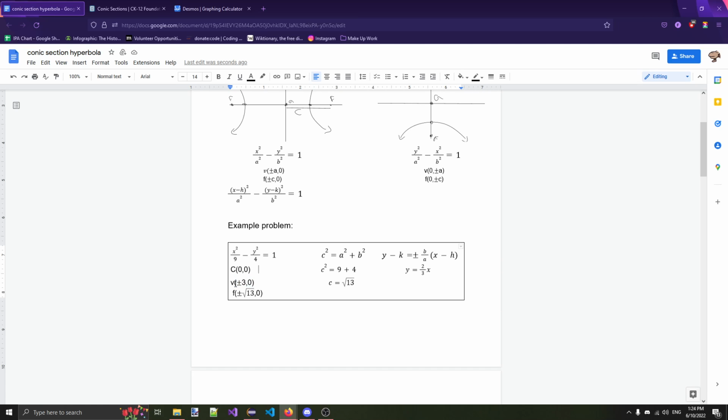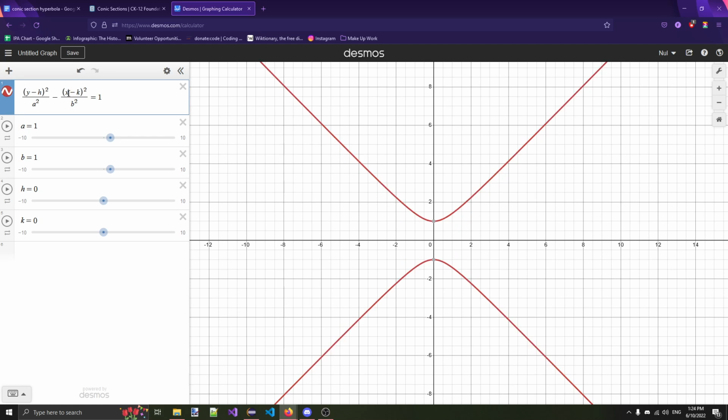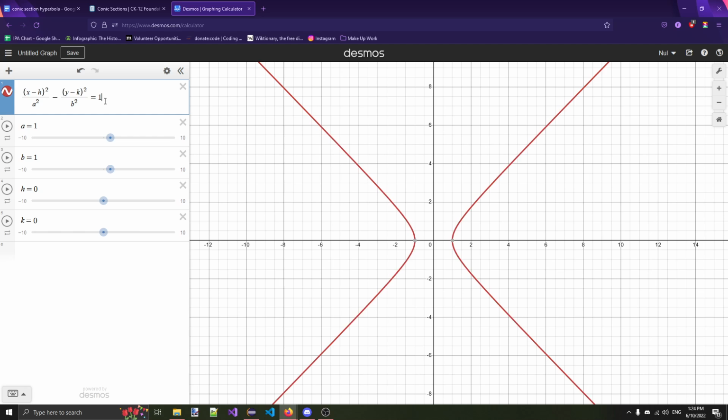The vertices will always be on the same axis that the hyperbola opens along. Here, this one's on the x-axis. If we switched it around and had the y here and the x here, it would be vertical, but we're just going to pay attention to the horizontal ones. So the vertices are on the x-axis, and so are the foci.